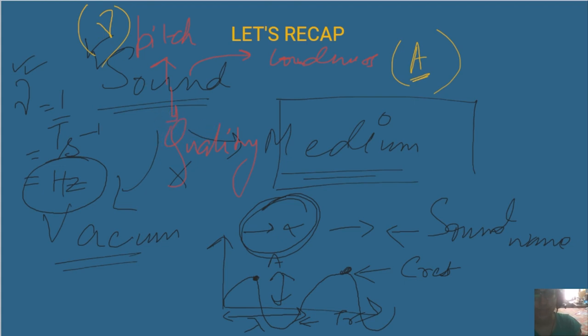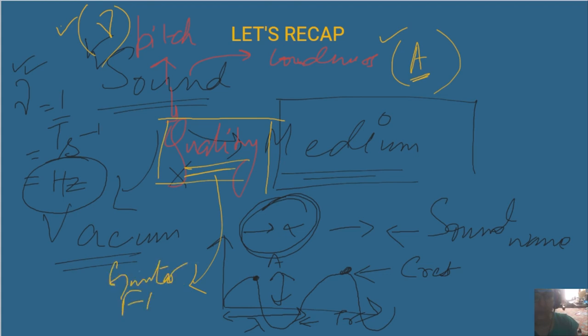And quality was something that did not depend upon any of the physical characteristics of the sound wave. It did not depend on amplitude or frequency. It was something very qualitative and subjective, and we had used the example of how two sounds coming from a guitar and a flute, even if they somehow have been made of the same amplitude and frequency, will still never sound the same.